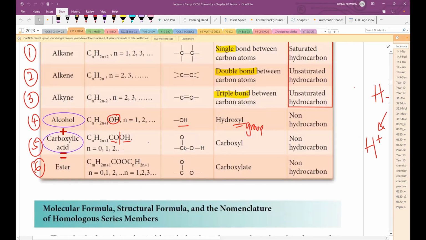Yes, double bond O. Then you say, teacher, sometimes I see from the book, it's different from what you are giving me. Sometimes the books can draw the propanoic acid like this. Then you ask me, teacher, like this can or not? Yes, can.